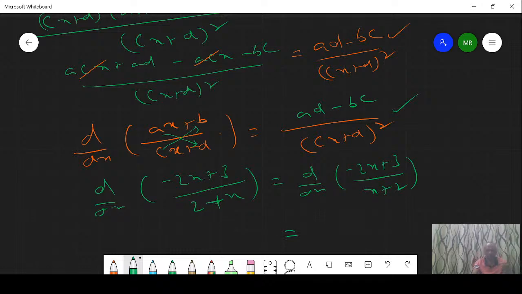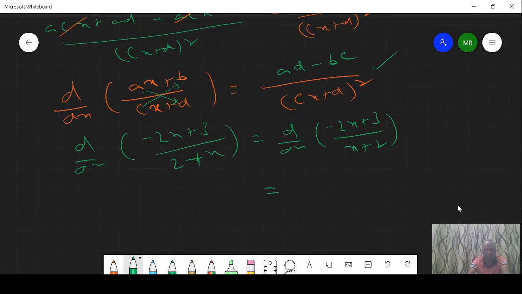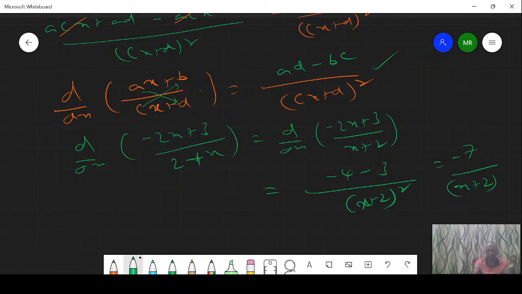Then compare: the denominator is (x plus 2) whole square. Now a into d means minus 2 into 2, minus 4, minus b into c, so 3 into 1, it will be 3. Your answer is minus 7 by (x plus 2) whole square. That is the reason you can use this concept to do it very quickly, from the point of view of CET or any entrance exam. Otherwise, you should use the quotient rule to solve this problem.